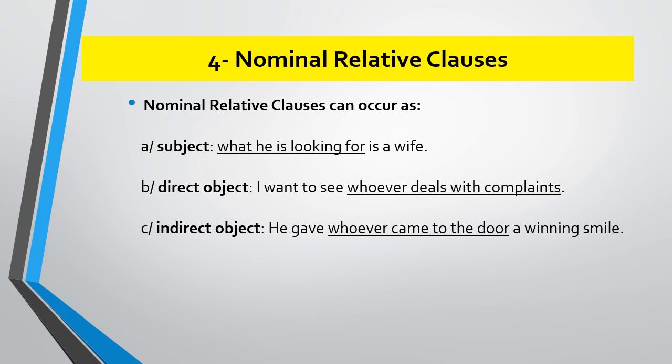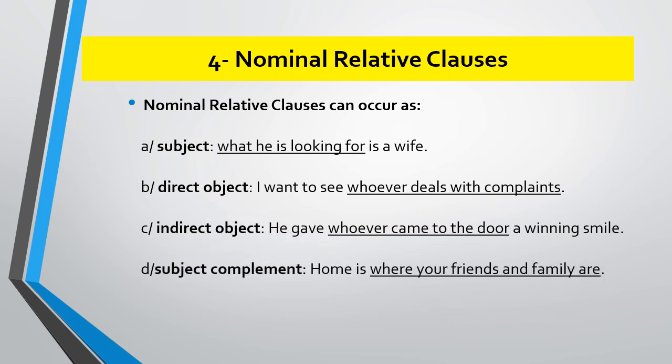And here, give is one of these verbs. He gave whoever came to the door a winning smile. So, a winning smile is the direct object, but the underlined clause, whoever came to the door, is the indirect object.